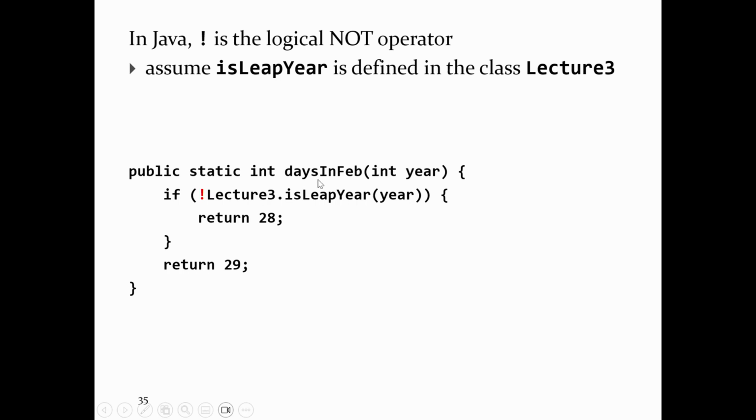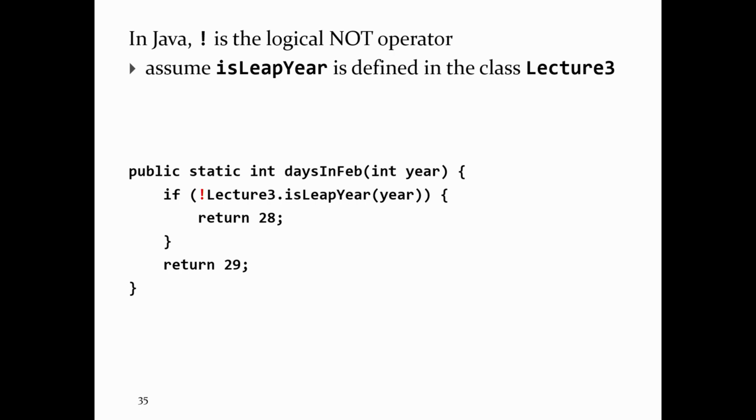So I want to write a method that computes the number of days in February given some year, right? So if the year is not a leap year, I know there's 28 days, right? How do I compute that it's not a leap year? Well, I call is leap year, right? Pass in the year, right? And negate the result. So the exclamation mark goes in front of the method call, right?